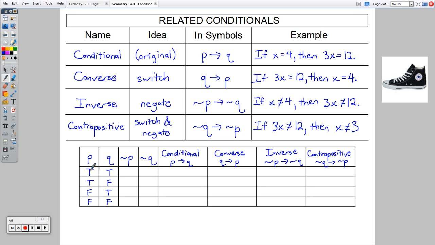For not P, good practice from lesson 2.2, the previous lesson, filling out these truth tables. Truth tables, I got this, just negating these two columns, making it the opposite in those two columns. So the conditional statement, P implies Q, we're going to go back to this momentarily here.